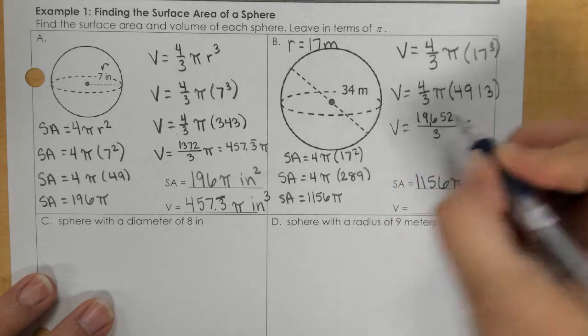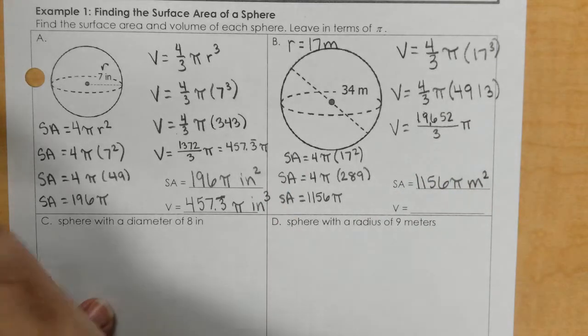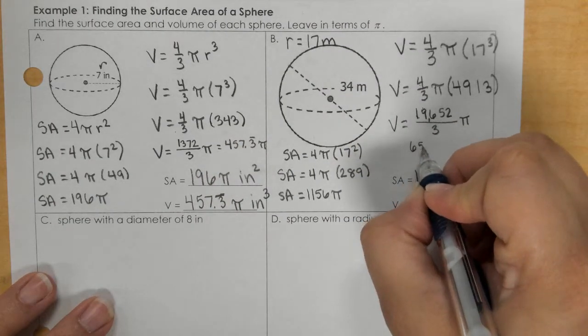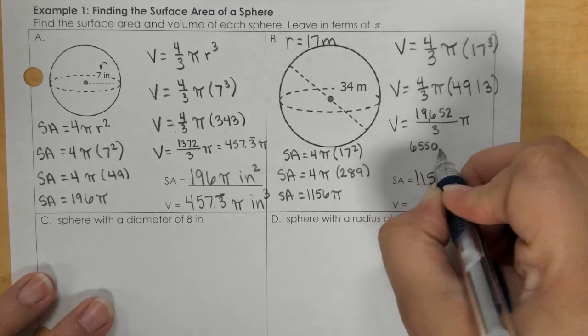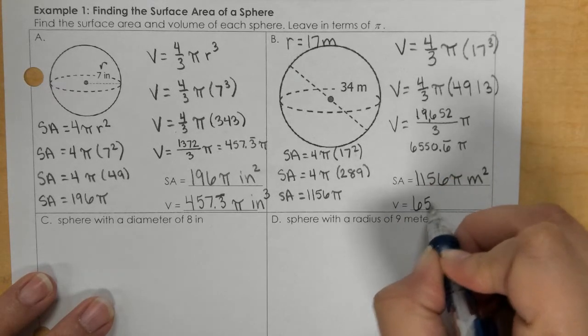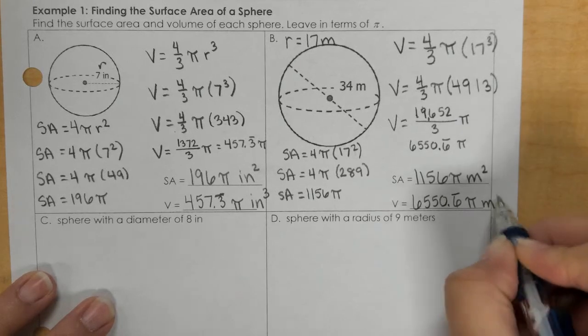So I need to divide those and then leave it in terms of pi. So divide that by 3, and we get 6,550.6 repeating pi. And then that would be meters cubed.